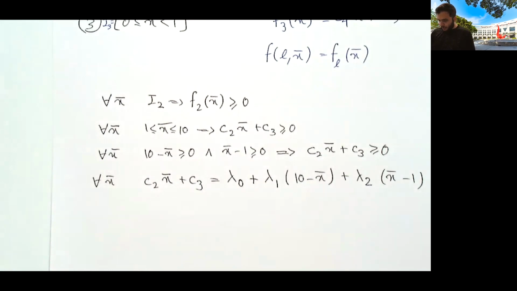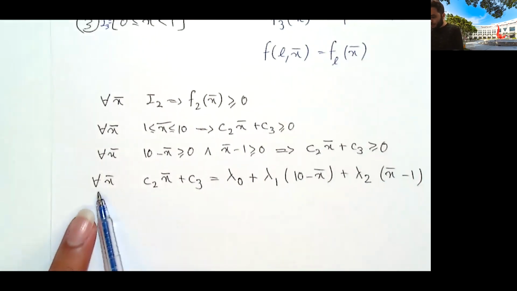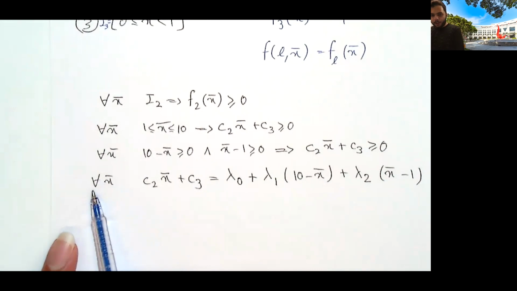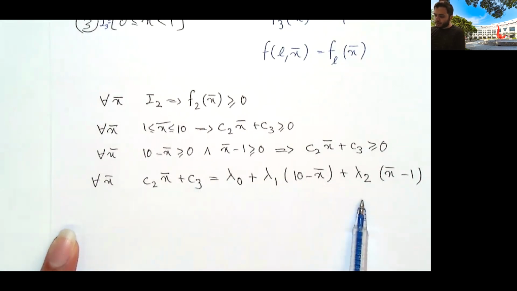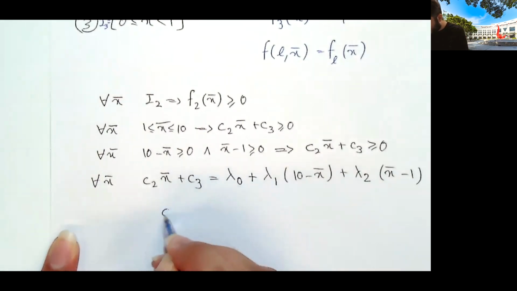Okay. Now I want to get rid of the quantification over x bar. So I just say that the constants on both sides should be equal, and also the coefficient of x bar on both sides should be equal. So the constants. On the left-hand side, we have C3.